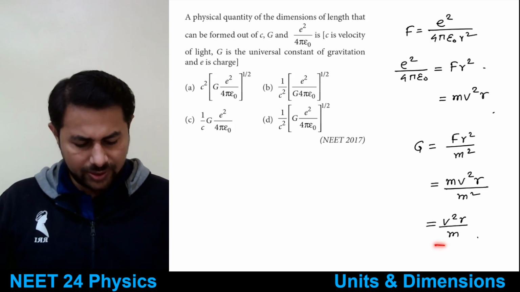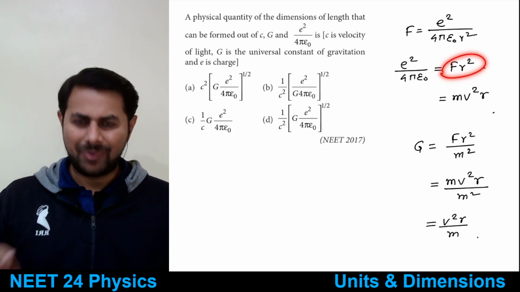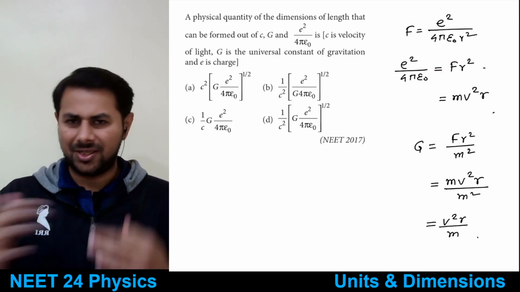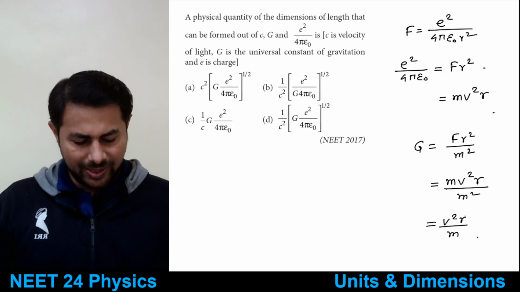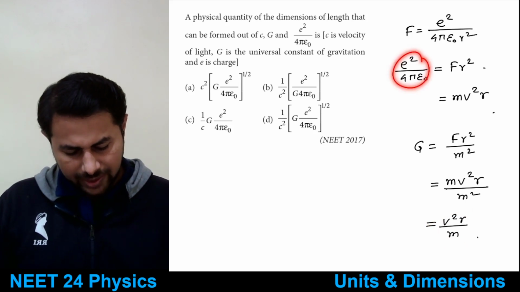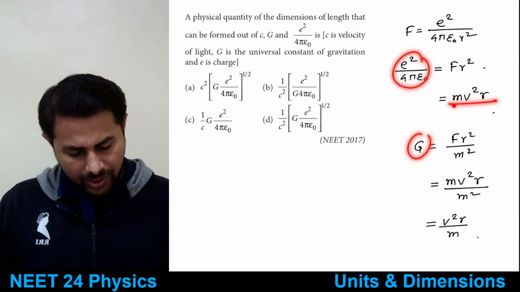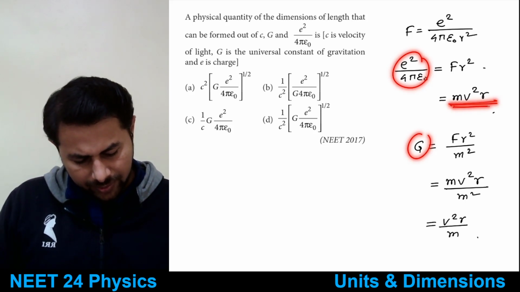Why did we do this? If we wanted to cancel out F R square, we could cancel out by dividing these two. Okay, but we want to cancel out velocity, right? So once again, if you multiply these two, then what will happen? You will have, no, we can't multiply, no?